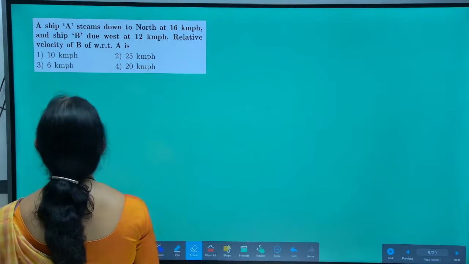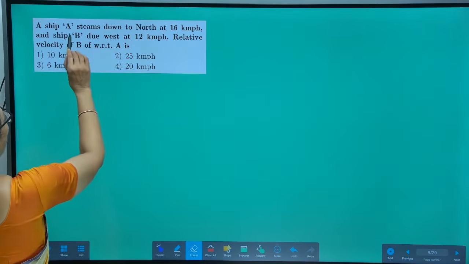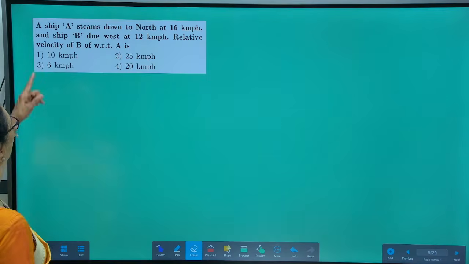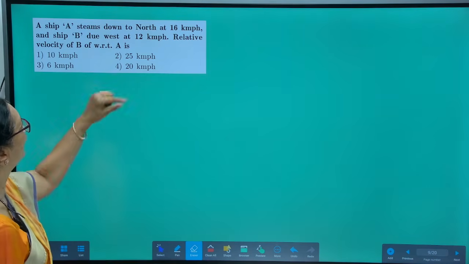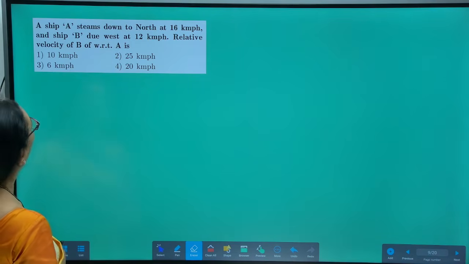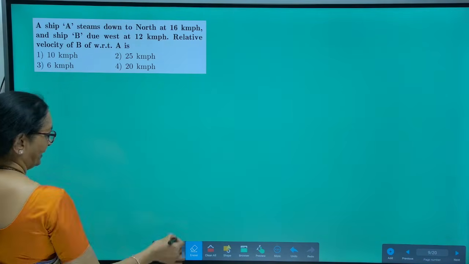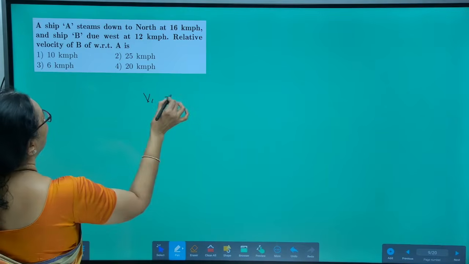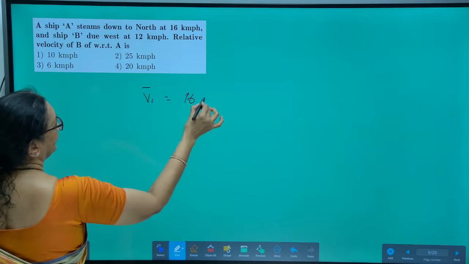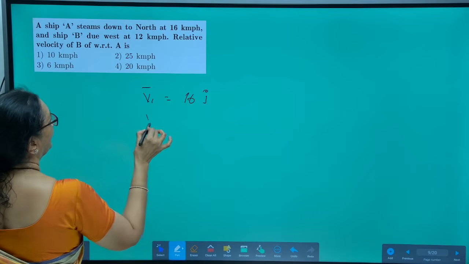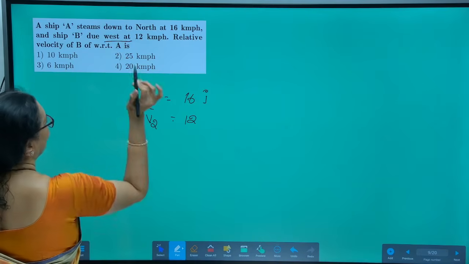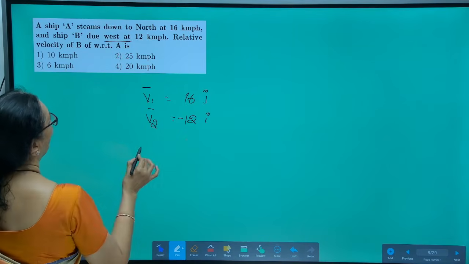Go to the next problem. A ship A steams due north at 16 kmph and ship B due west at 12 kmph. Relative velocity of B with respect to A. So, here V1 is 16 kmph north, north is J bar, V2 is 12 kmph west, west is minus I bar.